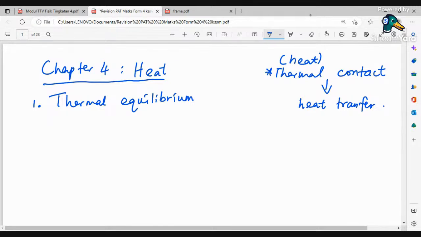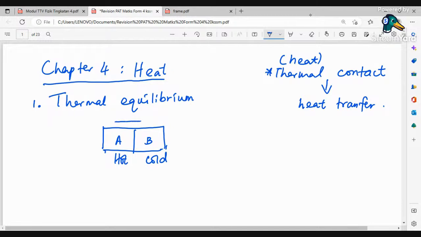Concept of thermal equilibrium. Let's say there are two objects, object A and object B. Let's say A is hot, B is cold. Once the two objects are in thermal contact, heat will be transferred between the two objects.